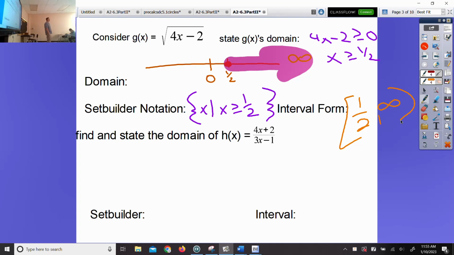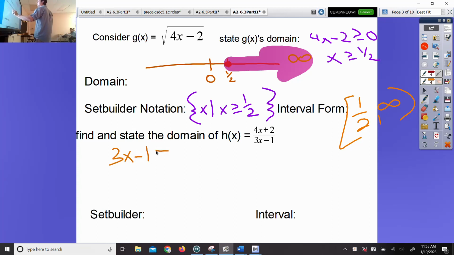All right, next one: 4x plus 2 over 3x minus 1. Which rule is this, rule 1 or rule 2? Rule 1. Rule 1 cares about dividing by what? 0. If I was going to divide by 0, would it happen at 4x plus 2 or 3x minus 1? It would happen at 3x minus 1.